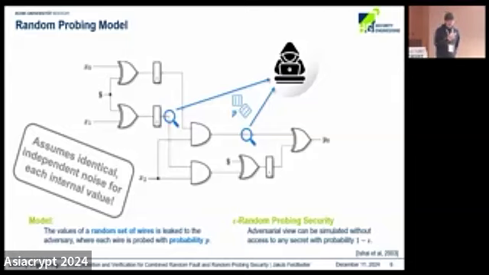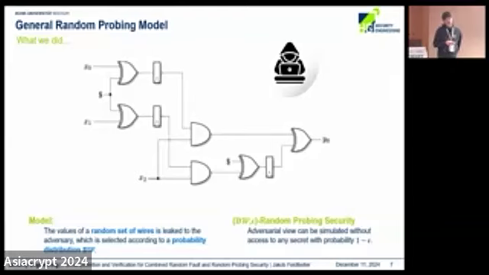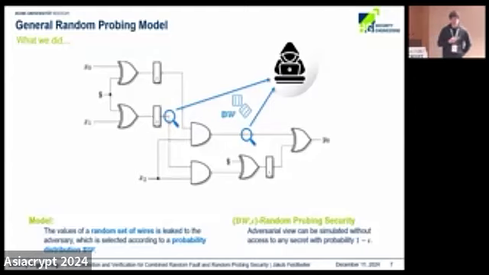So the first thing that we propose in our paper is to generalize this model, so to have not a probability distribution where each wire leaks with probability p, but have an arbitrary distribution where the probabilities can be dependent on each other and different. But otherwise it's the same, right? We still sample something from this probability distribution and then say the circuit is epsilon random probing secure if the adversary's view can be simulated without access to any secrets with probability 1 minus epsilon.